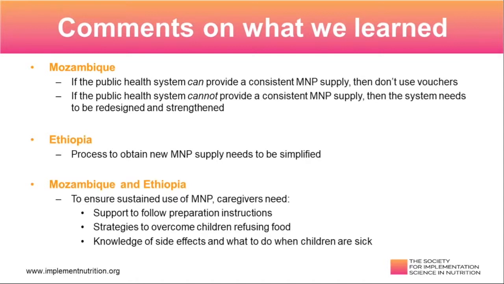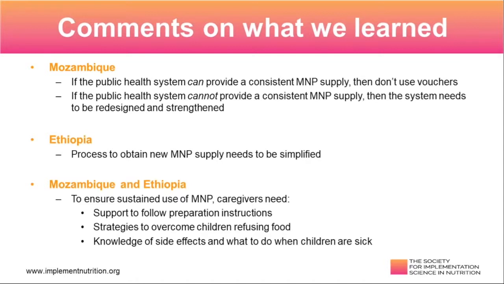And through the endline survey and caregiver interviews, we learned that there was confusion about how to obtain additional supply of MNP. What had happened is that health extension workers had given caregivers appointments, which they wrote on a child health card. However, if the caregiver lost the card or could not read the card or missed the appointment, she didn't know what to do and didn't know that she could just simply return to the health post or health extension worker to receive additional MNP supply.